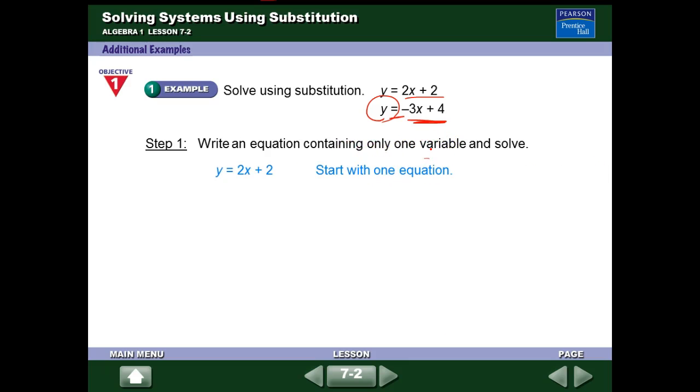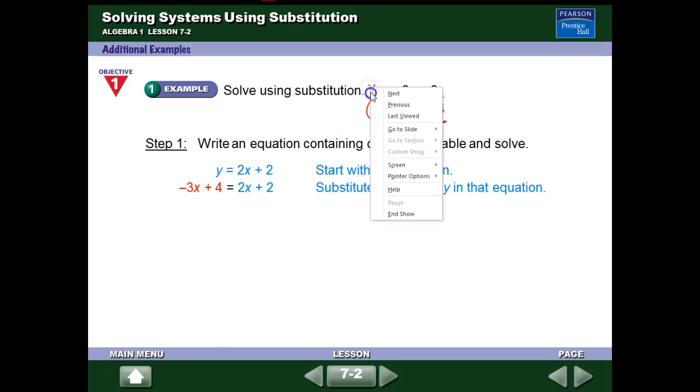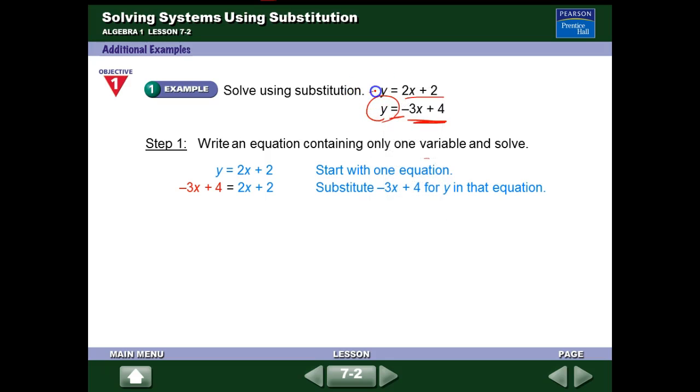Let's start with the first one. y equals 2x plus 2. We're going to substitute this y, right here that I circled, into the equation y equals negative 3x plus 4. I can take this y and substitute it in this equation because they are the same variable.